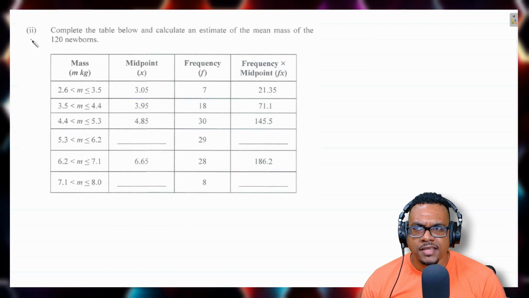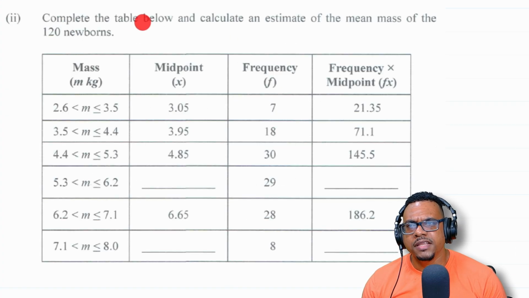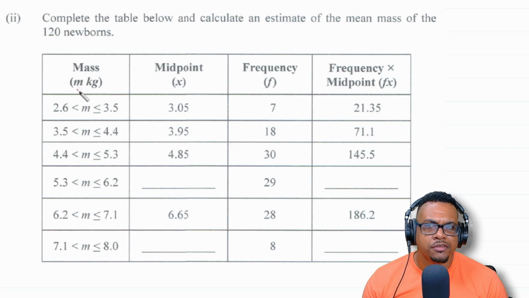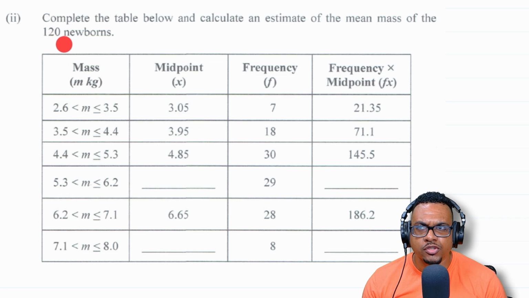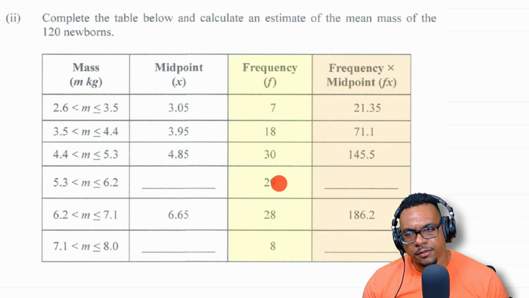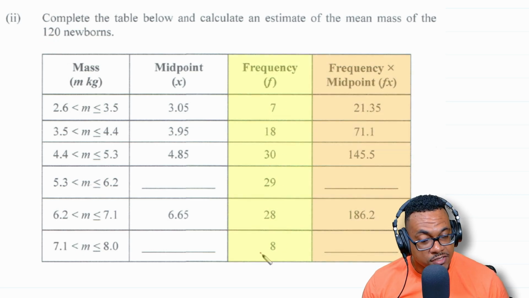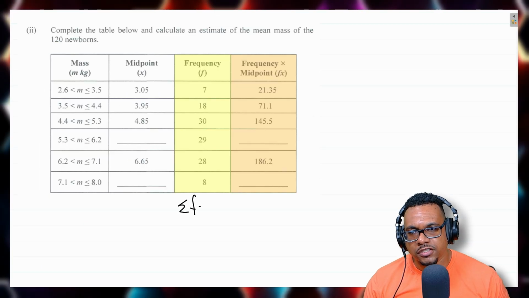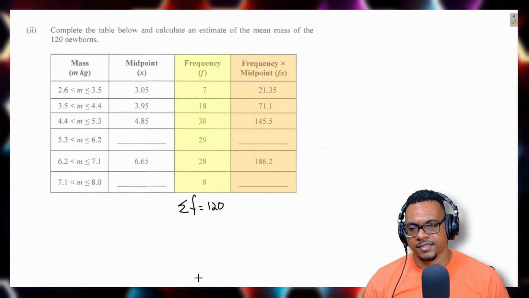Now moving on to part A, part 2, we have to complete the table below and calculate an estimate of the mean mass of the 120 newborns. Now the fact that they tell you that you have 120 newborns means if you add up the frequency, you should get 120. So sigma f should be 120.